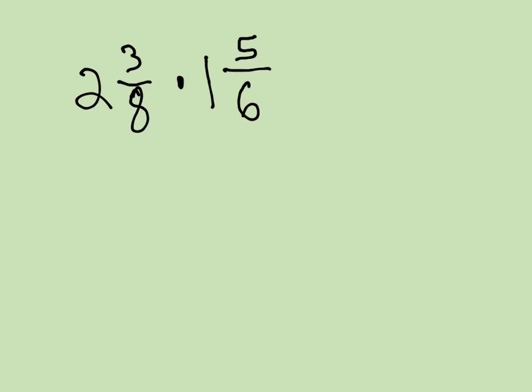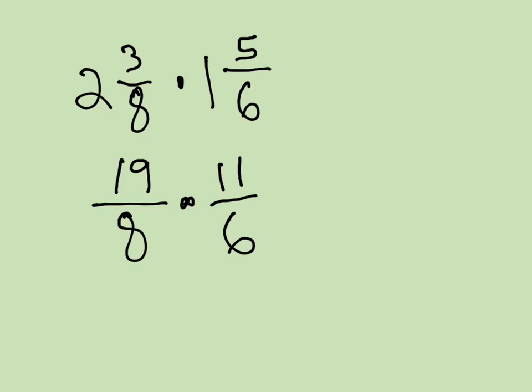So this becomes 19/8, because 8 times 2 is 16 plus 3 is 19, times 11/6. And this one sure does not look like it's going to simplify. The 8 and the 6 have a common factor of 2, but they're both on the bottom, so we cannot simplify. It has to be 1 from the top, 1 from the bottom.